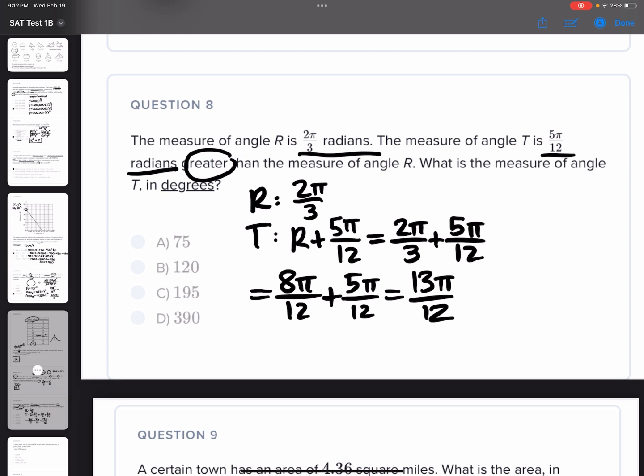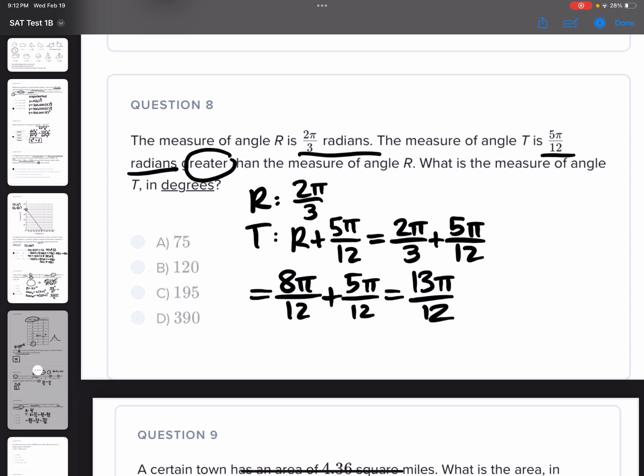But the easy way I know is that degrees are just numbers only. They don't include pi. Any kind of angle in degrees would just be a flat out number, which is what they're asking for, A, B, C, or D. And radians would have to be in terms of pi.